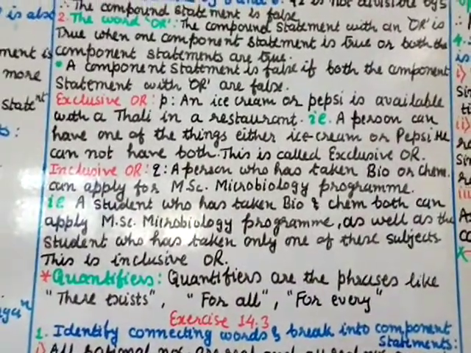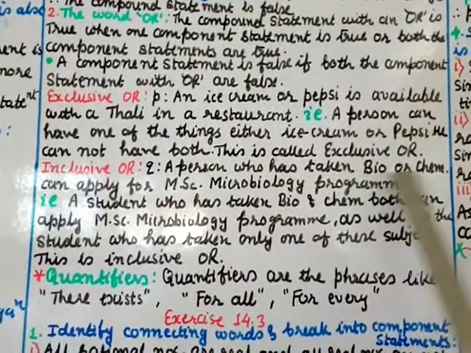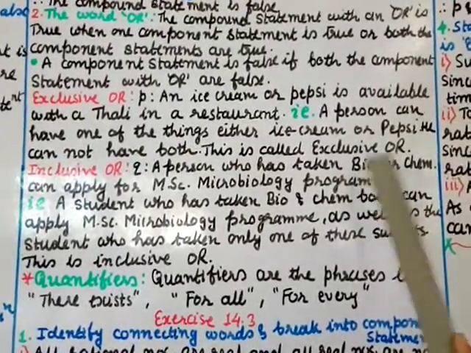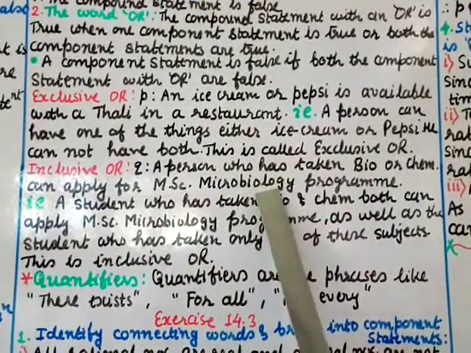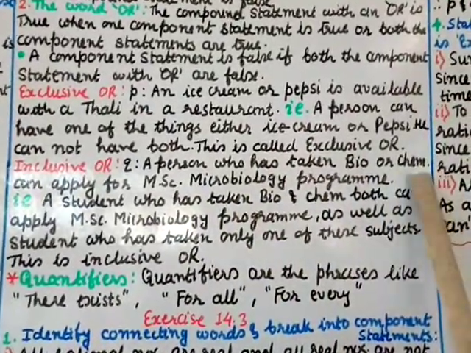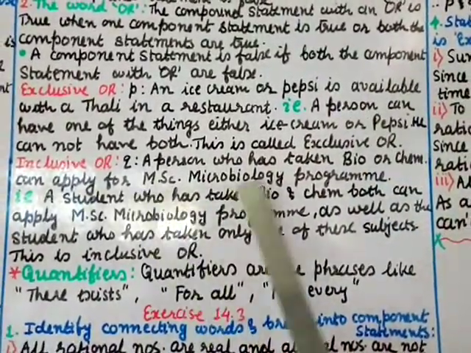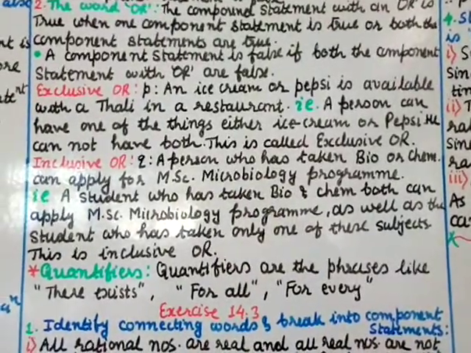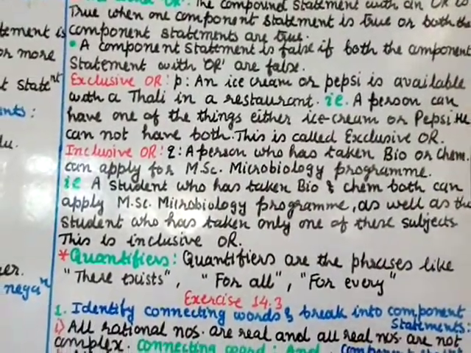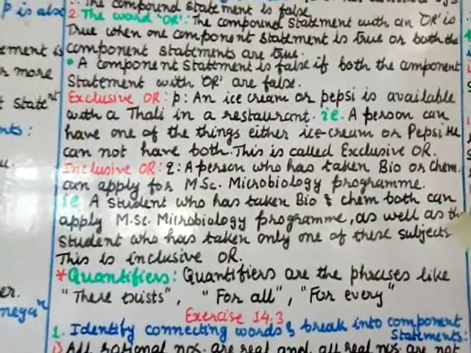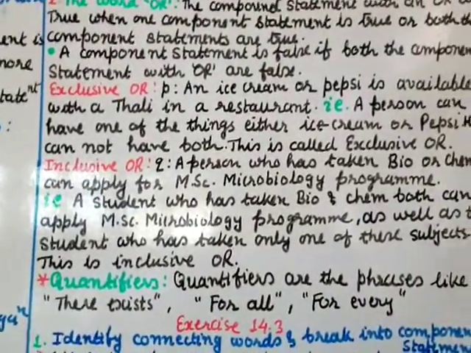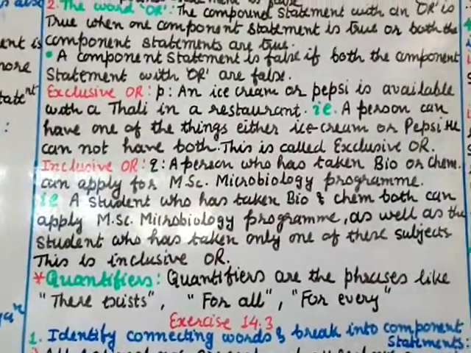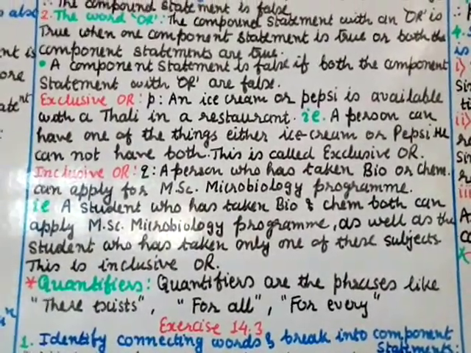Even if a student has taken only biology, he can apply for MSc microbiology. Or if he has taken chemistry, then also he can apply. So this is the inclusive use of or. I hope you understand the meaning of inclusive and exclusive or. So there are two ways of using the connective word or.